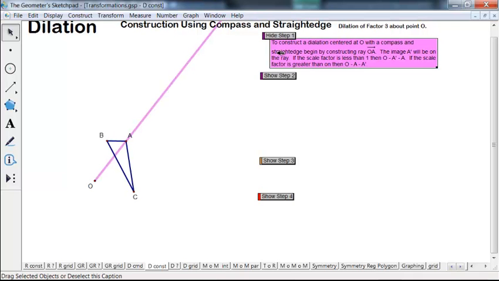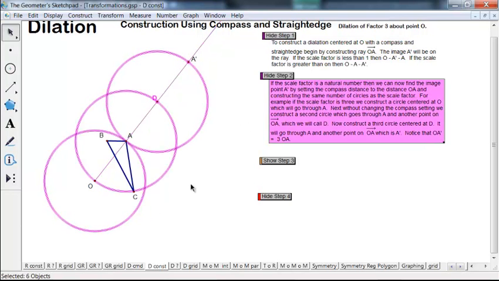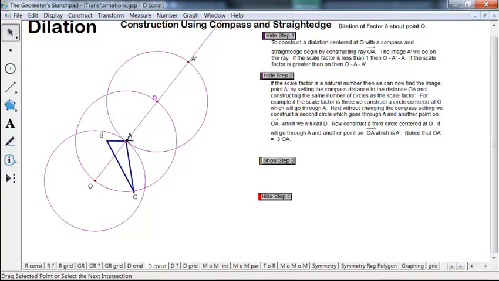So first of all, to find A prime, we know that it's going to be somewhere on that ray going from O through A. If the factor is bigger than 1, A prime will be out here further than A from O. If the factor is less than 1, it will be between O and A. So we need to be 3 times as far out. Well, all we have to do is set our compass to the distance from O to A, make a little mark here, a little piece of this circle.